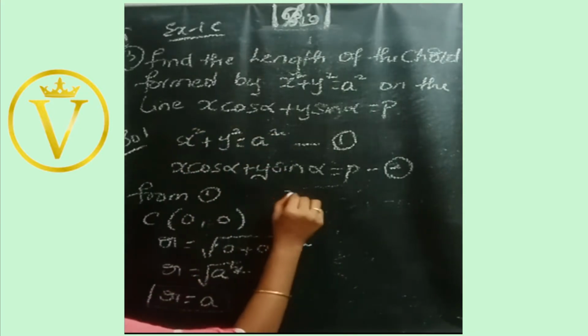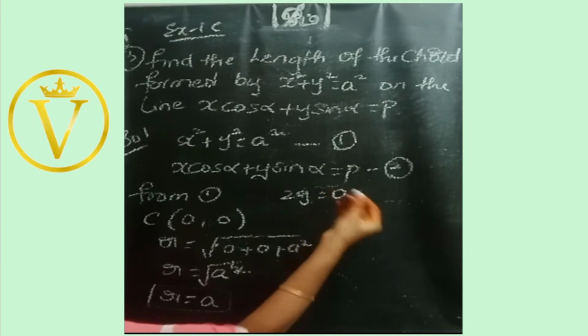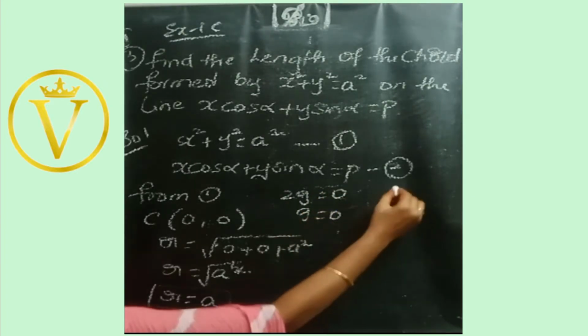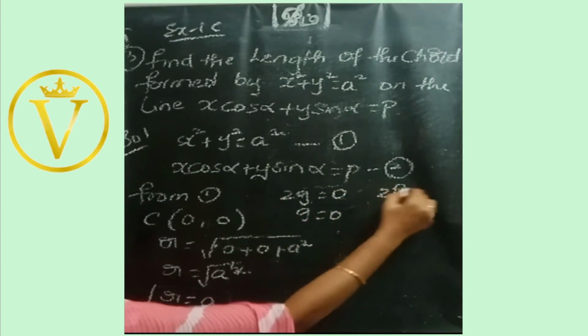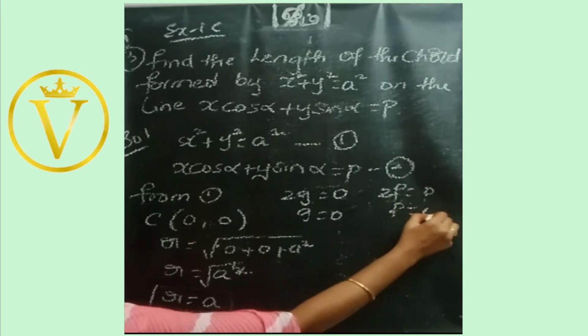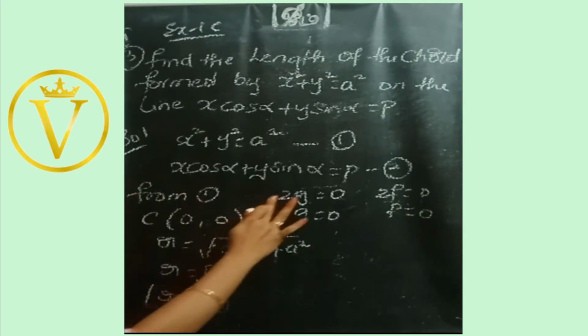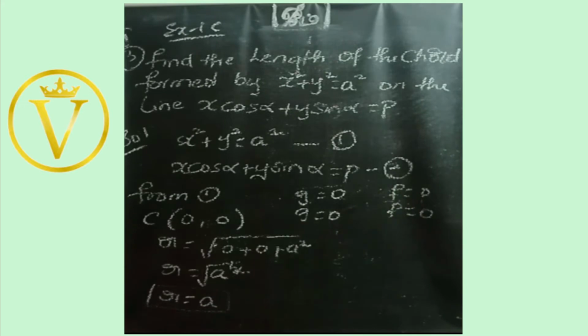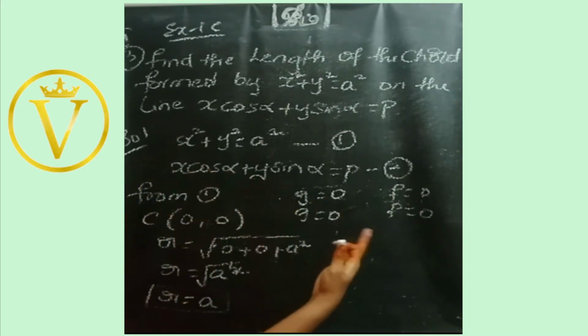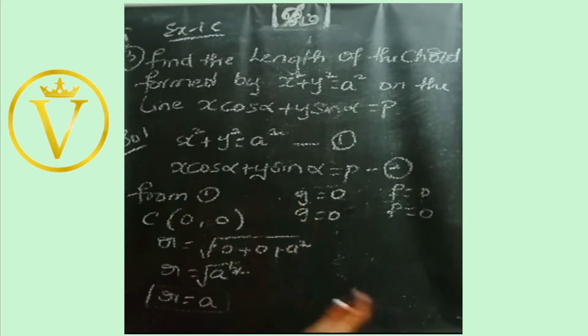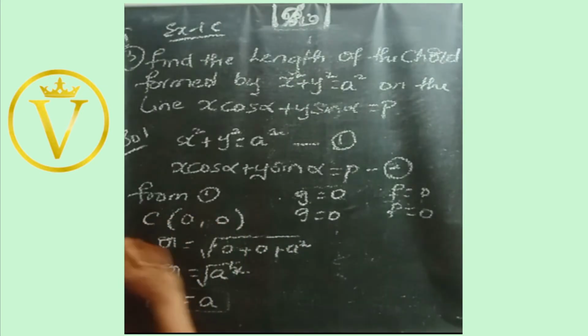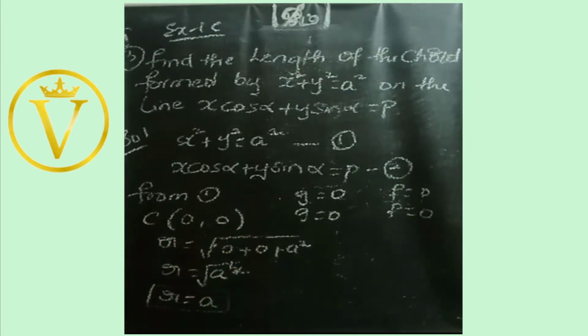That means here 2g is 0, so g equals 0, f equals 0. Here there is no value of g and f, so we have taken it as 0 and 0. Now this is the r.